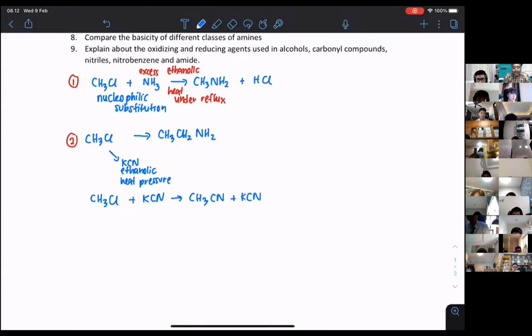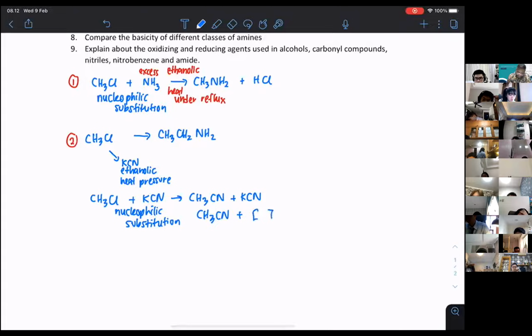Once you have the nitrile, there is going to be a further reaction, which is the reduction of CH3CN.